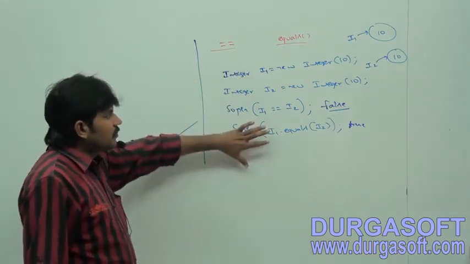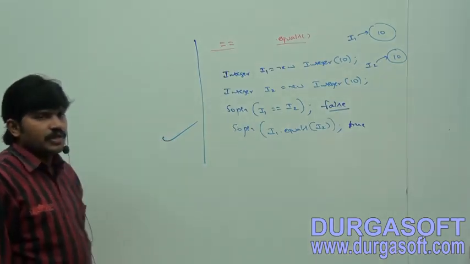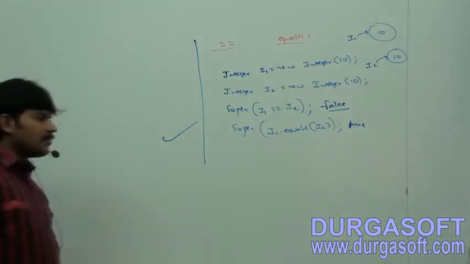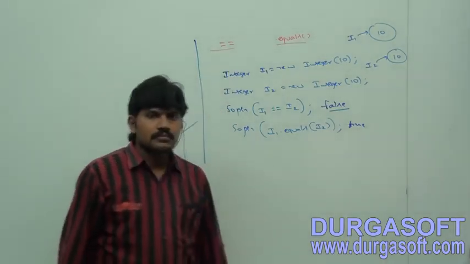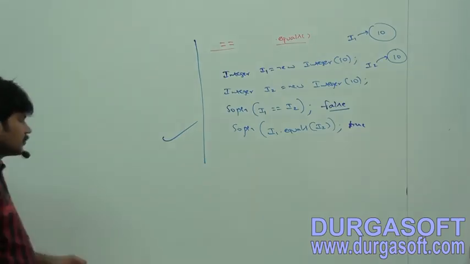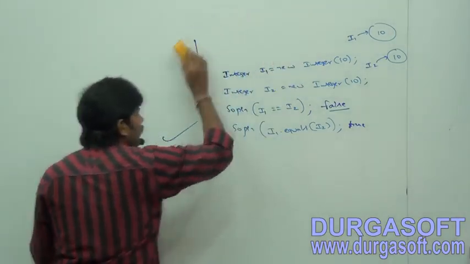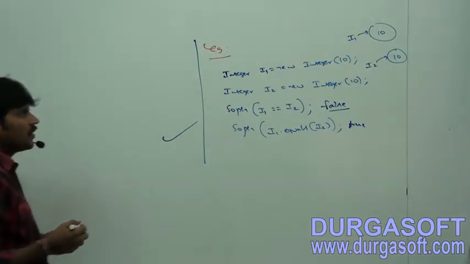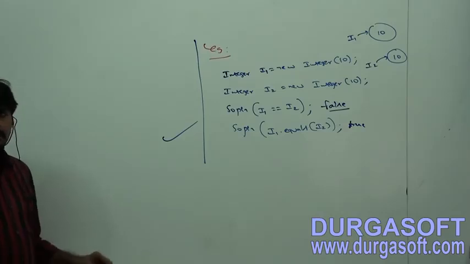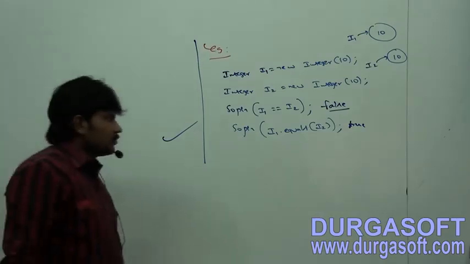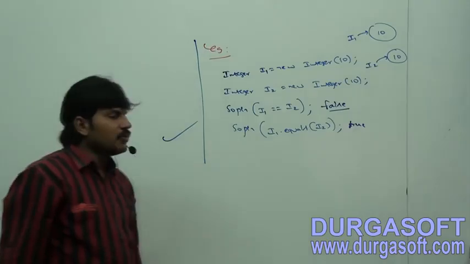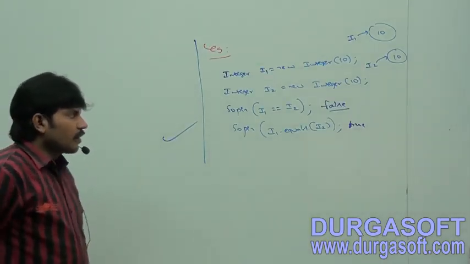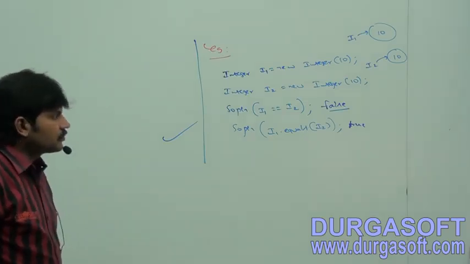Okay, take this example. I will use the same example in identity hash map also, so this knowledge you should compulsorily have. Integer I1 is equal to new Integer of 10, Integer I2 is equal to new Integer of 10, SOP of I1 double equal to I2.